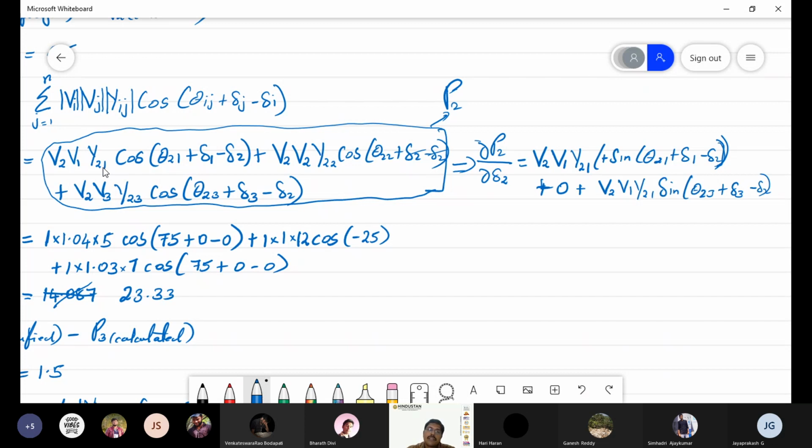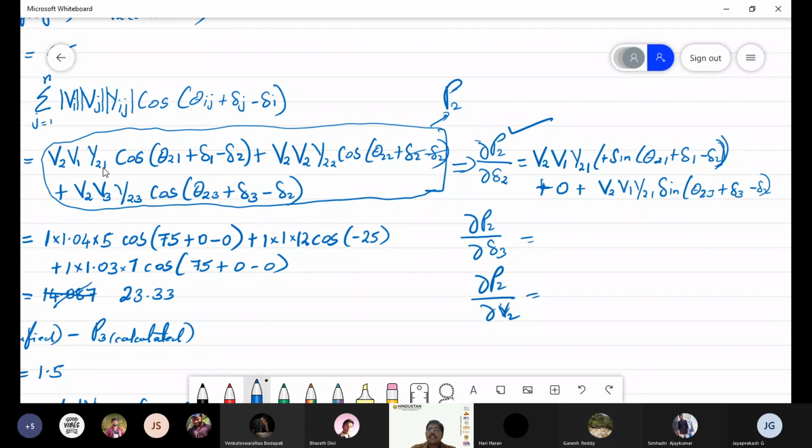So like that you can find this dou P2 by dou del 2, and what are the other terms you have to find? Dou P2 by dou del 3 you need to find, in the same similar way, differentiate. Then similarly you have to find dou P2 divided by dou v2, right?